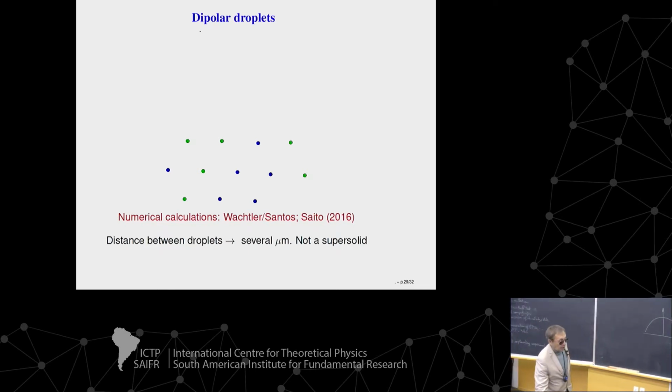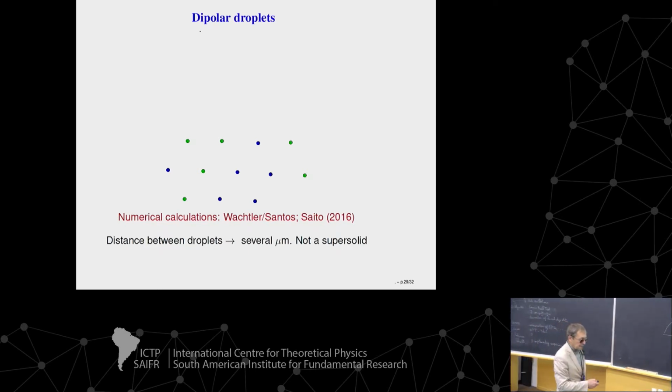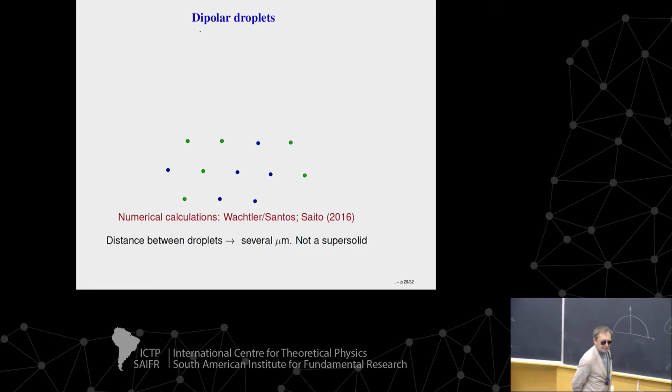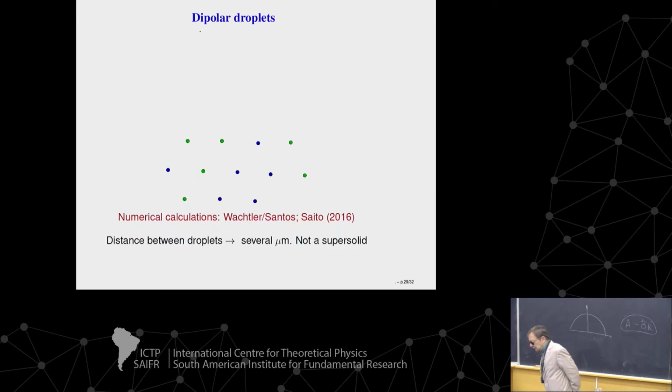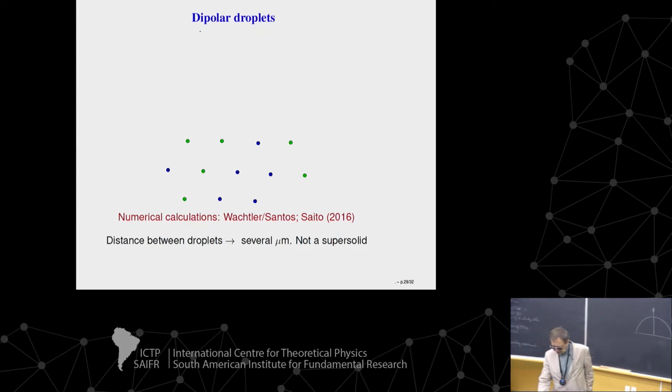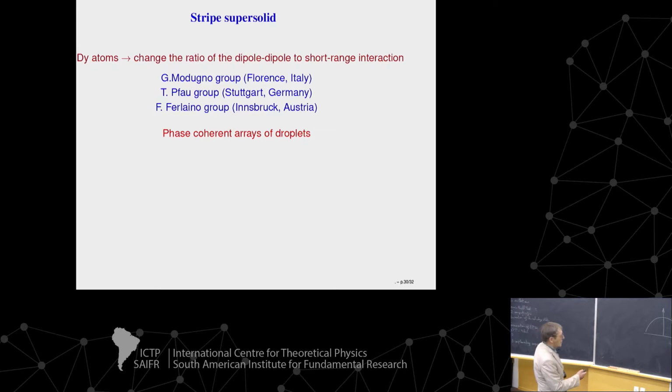Saito did a Monte Carlo calculation for a single droplet, and he confirmed what follows from the theory of Dima Petrov. So this Petrov idea, which initially was questionable, very many people questioned it, has been confirmed by Monte Carlo calculations.